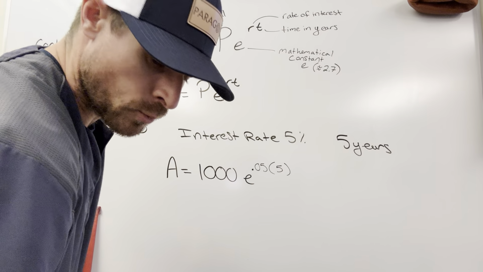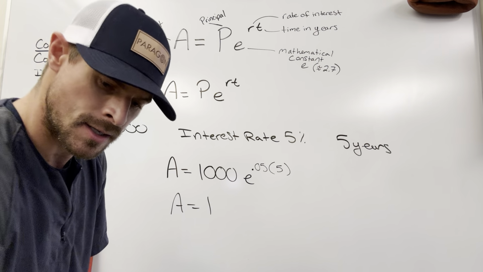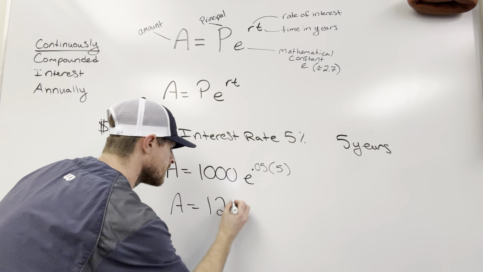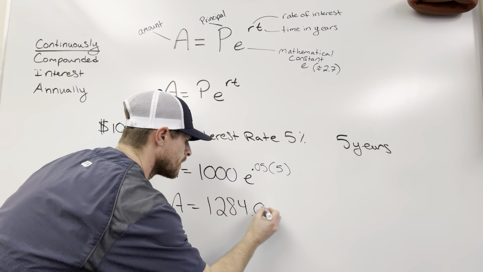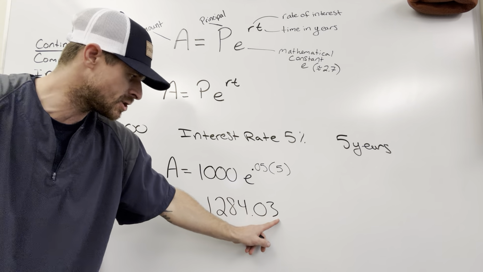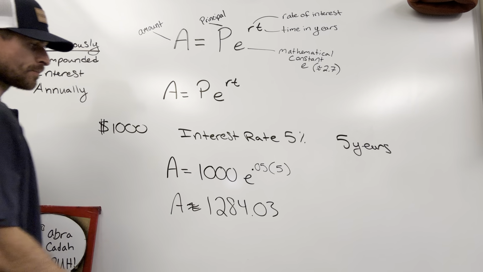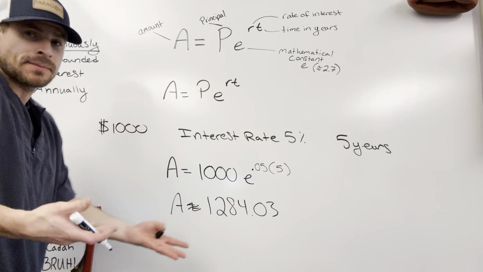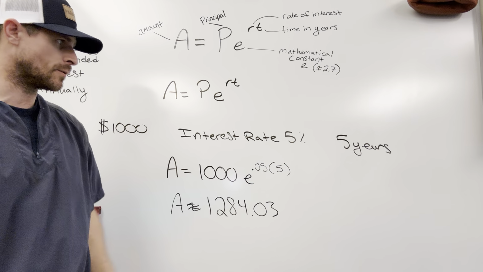So what we get, $1,284 and 3 cents. This is approximately, because that was a 2, but the next digit over rounded it up to a 3. All right, so you put $1,000 into some kind of account that gives you a 5% interest rate by holding that money for 5 years.